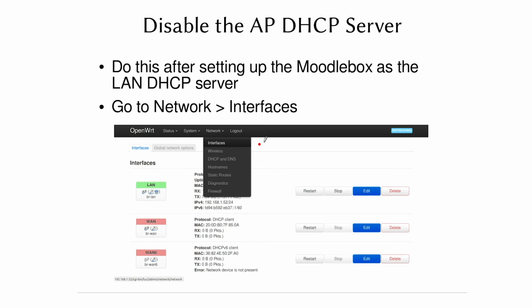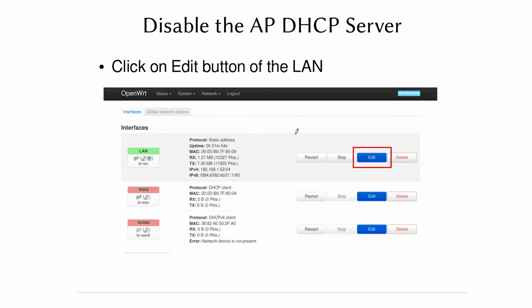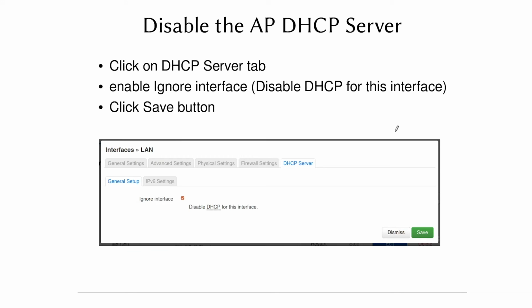So go to network interfaces again, then click the LAN interface edit button again, then under the DHCP server tab and general interface setup tab, we enable or check ignore interface setting.